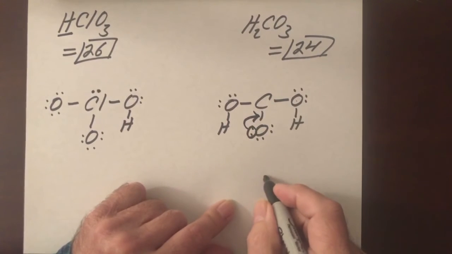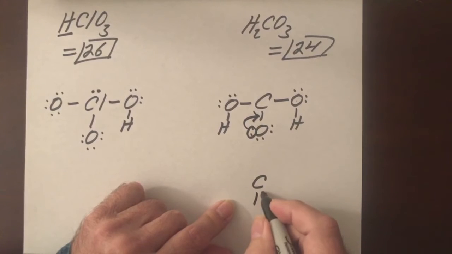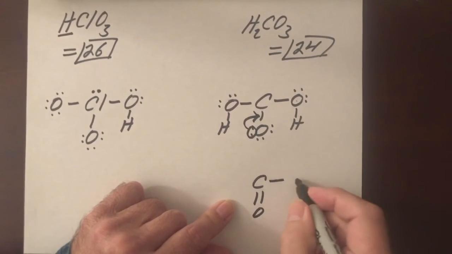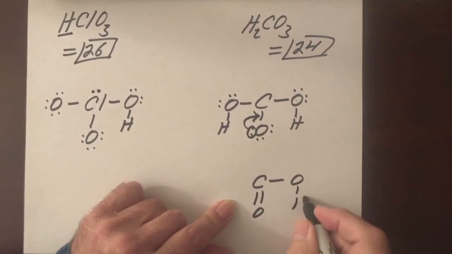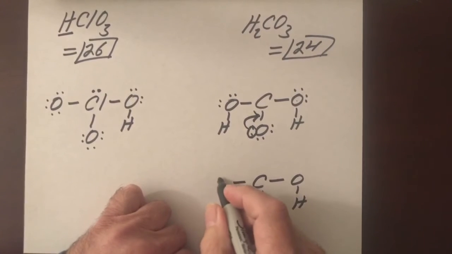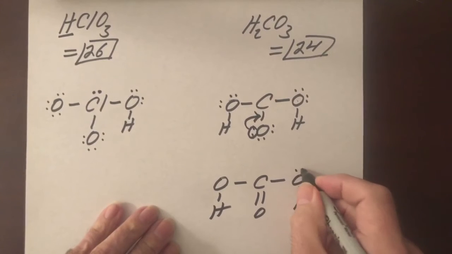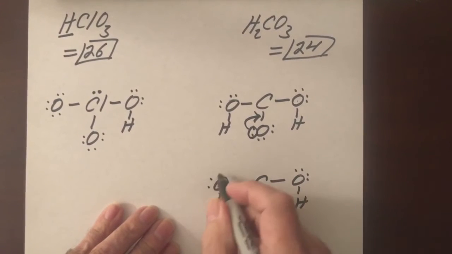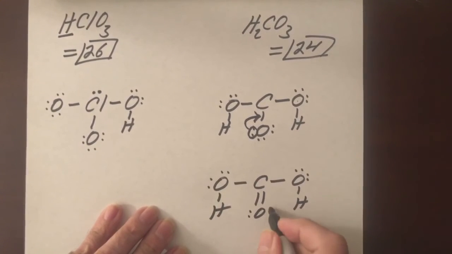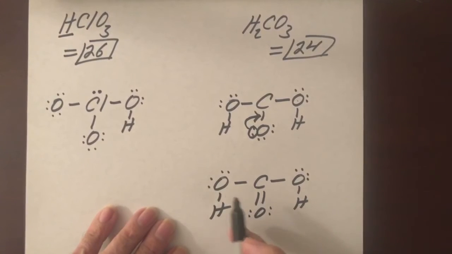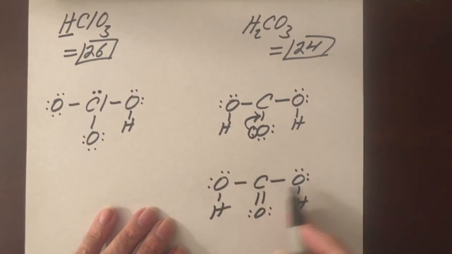So let me rewrite it down here. So now every atom is surrounded by 8, and we've used 24 electrons.